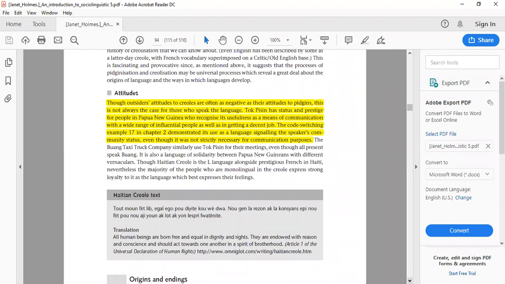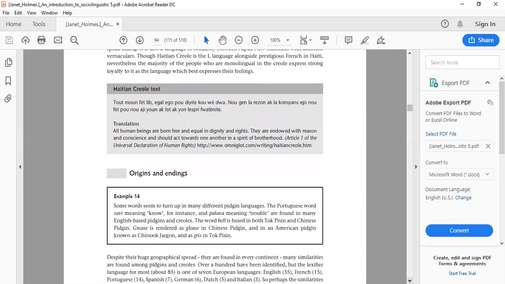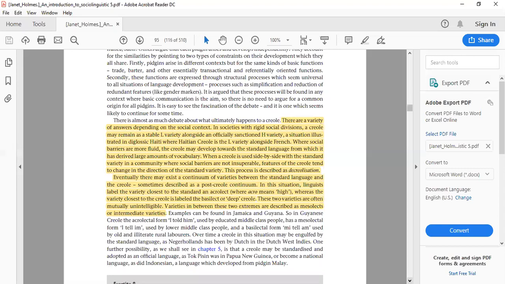It might be the case that if there is a prestigious language, or a language which is higher in status than the Creole, then it's obvious, because Creole is a newly created, a new language in that region, that the people who are speaking other languages in that community may have a negative attitude towards that language.